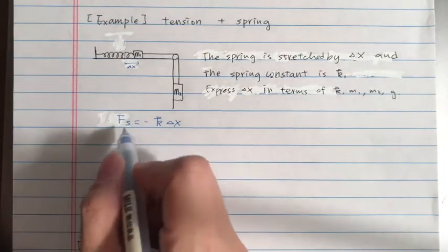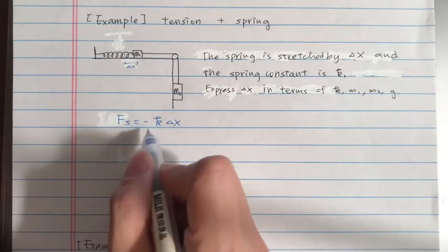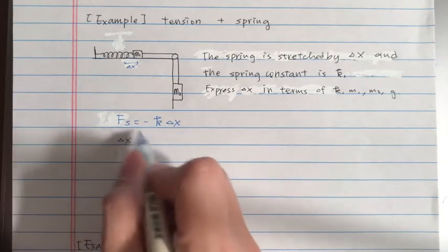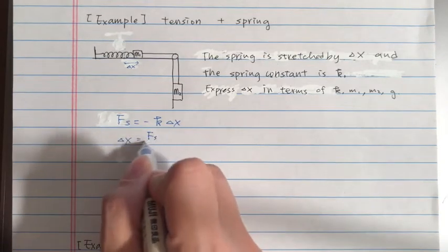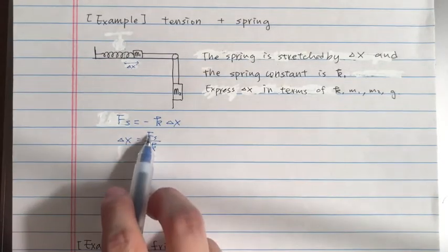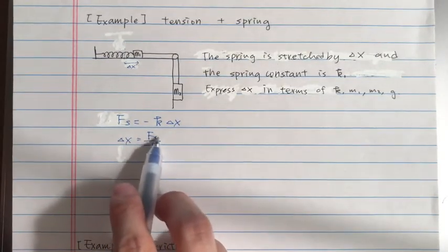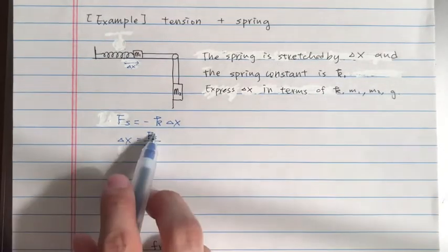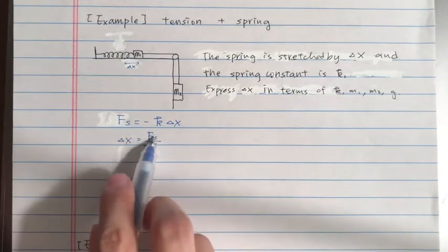All right, and we want to express delta x, so let's move this over, so we get this. Now we have k, but we don't have the spring force. This is not in terms of all of these variables. So how do we find the spring force?